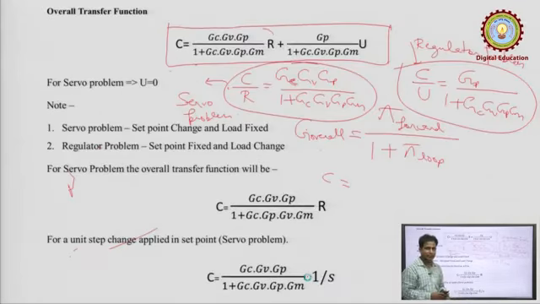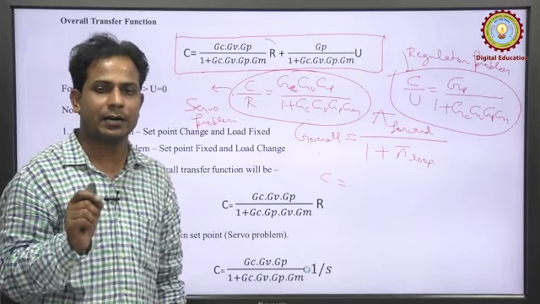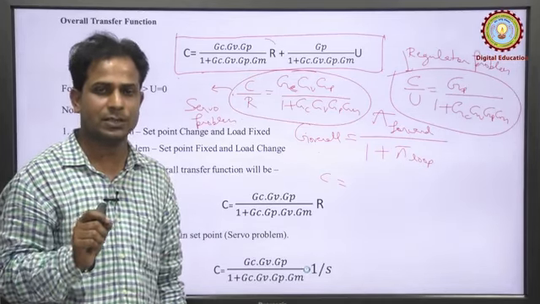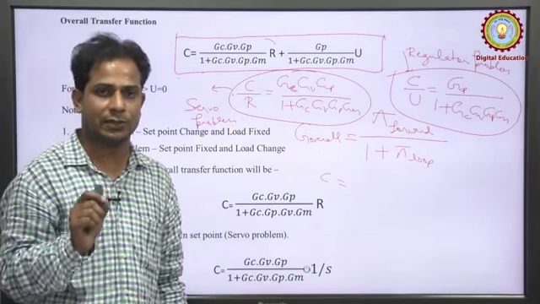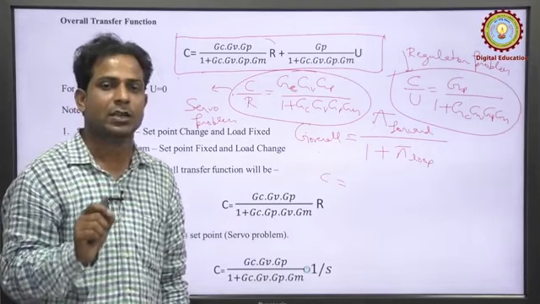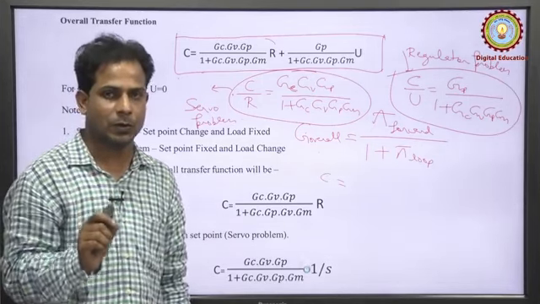One more thing I want to tell you is that 1 plus the PI loop, or 1 plus GC GV GP GM, I also call the characteristic equation. To find out the stability of the system, the characteristic equation plays a very important role. With the help of the characteristic equation we can easily find out whether our system is stable or not.